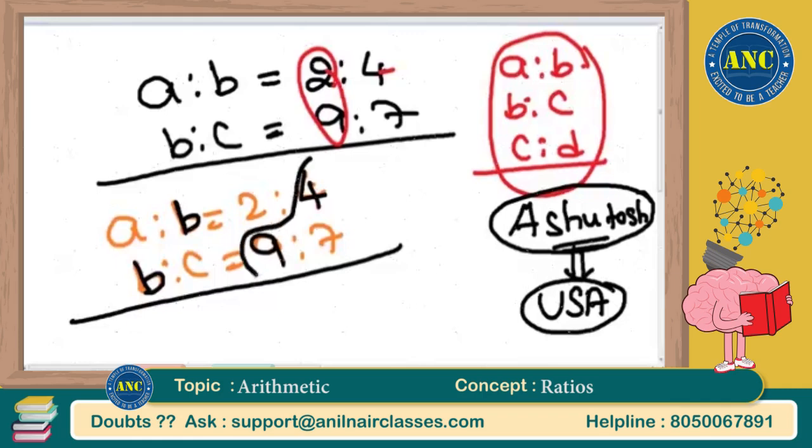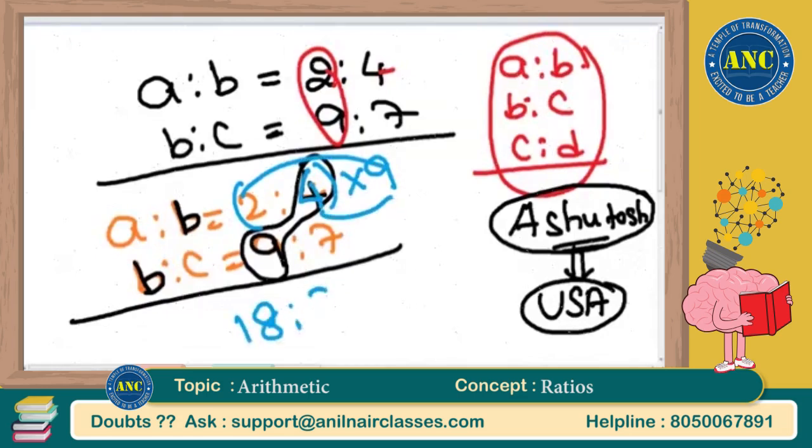That means you should make that person the same. 4 and 9 should be made the same number. What is that number? That number is nothing but the LCM of 4 and 9, which is 36. 4 should become 36. Multiply by 9. 2 into 9 is 18. 4 into 9 is 36. 9 should become 36.